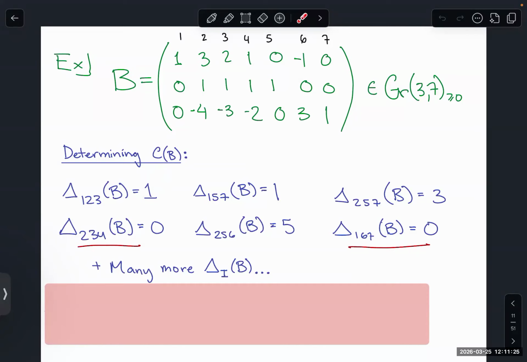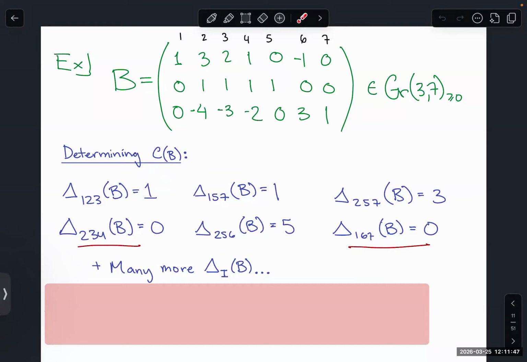If we take the determinant of the first three columns, we get 1. If we take the first, fifth, and seventh, we get 1. If we take the second, fifth, and seventh, you could verify that we get 3. But if we take the second, third, and fourth, we end up getting zero, and so on and so forth. And I've included a few more.